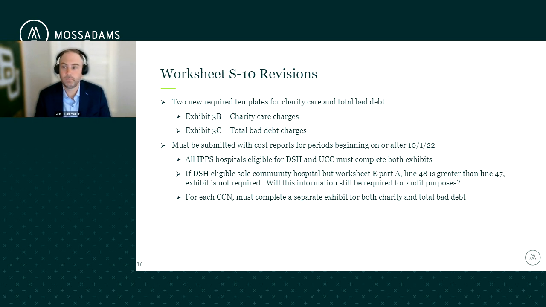So it may make sense to fill this out, because one way or the other, you may have to supply this information. For each of these exhibits, you'll be completing this for every CCN provider number. So you'll complete it for your acute, but you'll also be completing it for all your exempt units as well.